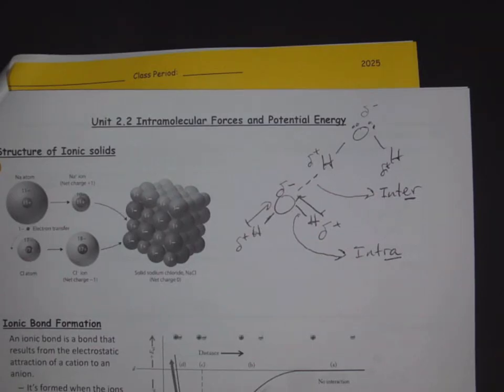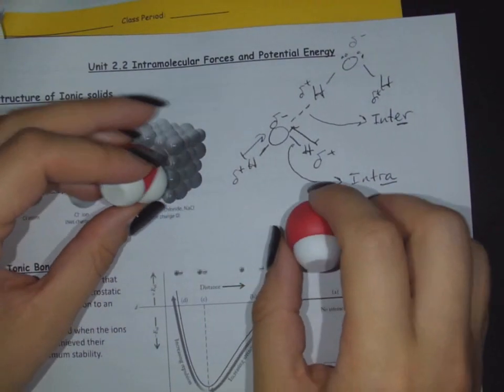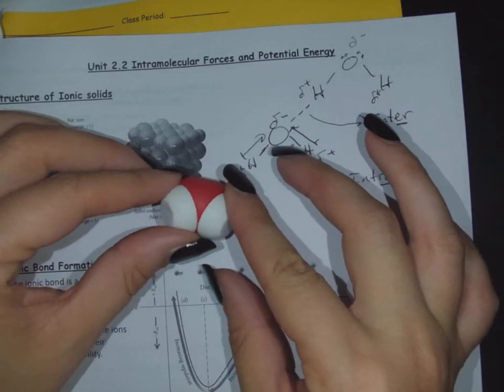So intra is within the molecule, or another way of thinking about it is what's holding the atoms together to make up this molecule, and inter is between these molecules.